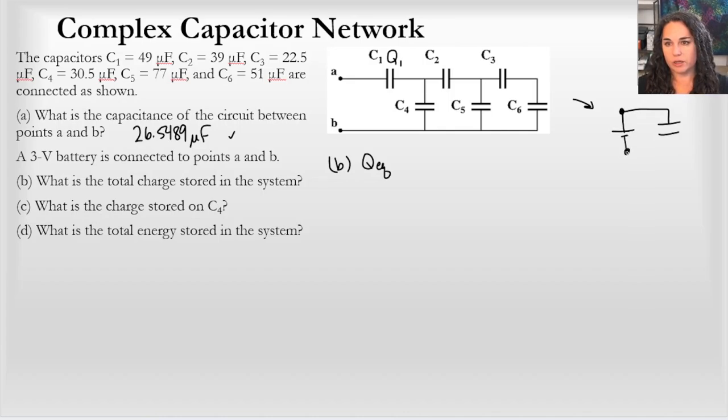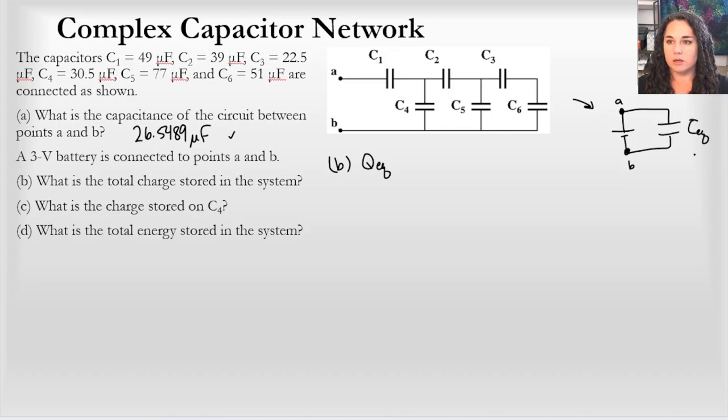There's the battery, there's point B, and I have an equivalent capacitor. So instead of trying to find Q1, Q2, Q3, all of that up there, we're just going to use this simplified final circuit, this redrawn circuit. I bug you about redrawing it, but just redraw it.